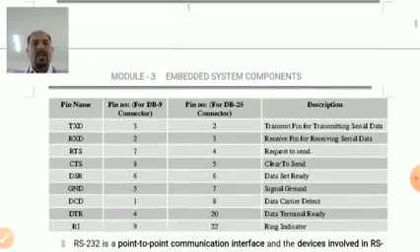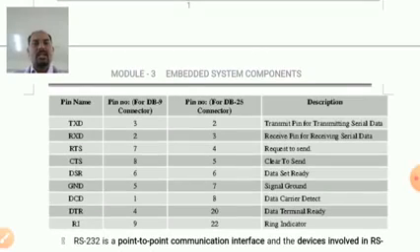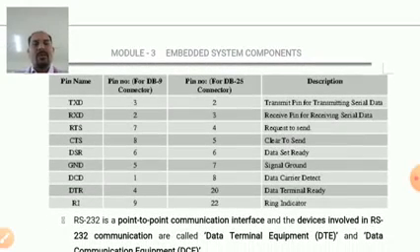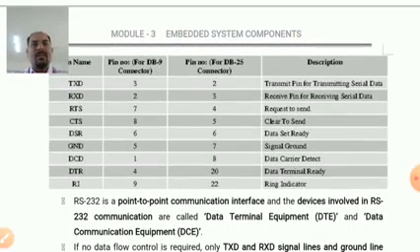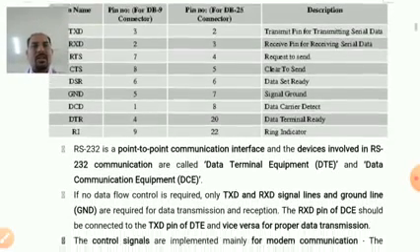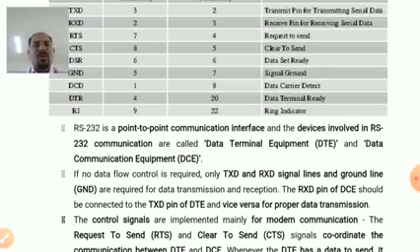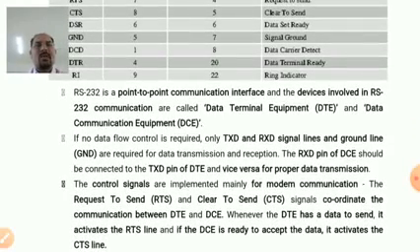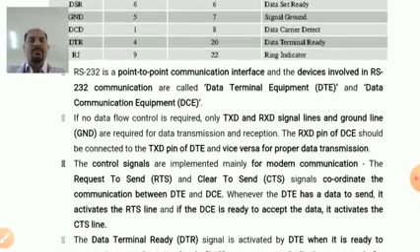The pins are TXD, transmit pin; RXD, receiving pin; RTS, request to send; CTS, clear to send; DSR, data set ready; ground; DCD, data carrier detect; and DTR, data terminal ready. This RS-232 is a point-to-point communication, and the devices involved are called data terminal equipment, DTE, and data communication equipment, DCE.